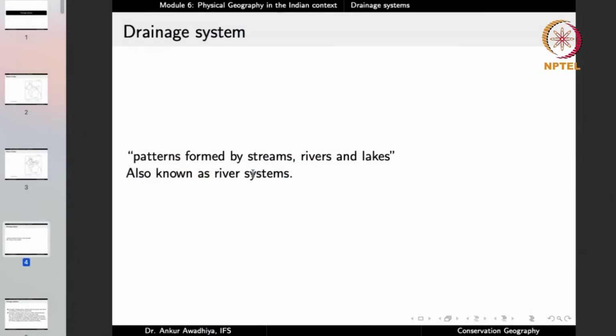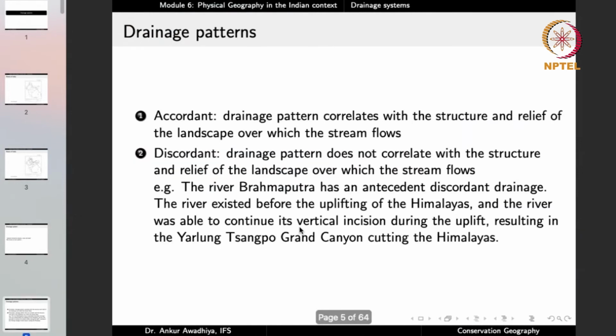These are also known as river systems. And we have 2 major kinds of drainage patterns. We have the accordant pattern and the discordant pattern. Accordant pattern is the drainage pattern that is correlated with the structure and relief of the landscape over which the stream flows. So essentially it maintains a coordination with the structure and relief of the landscape.